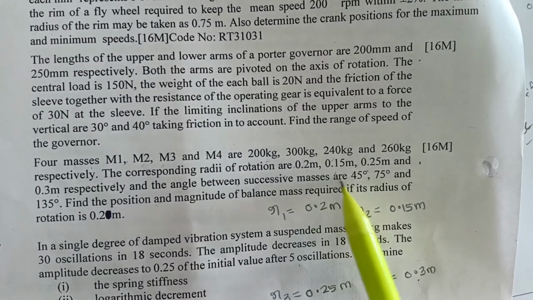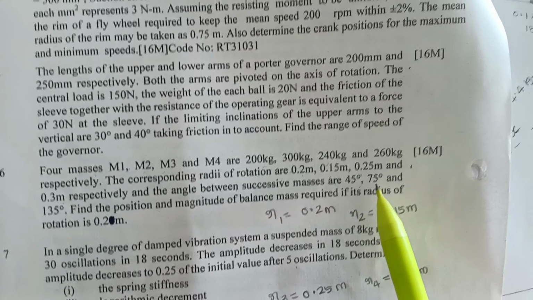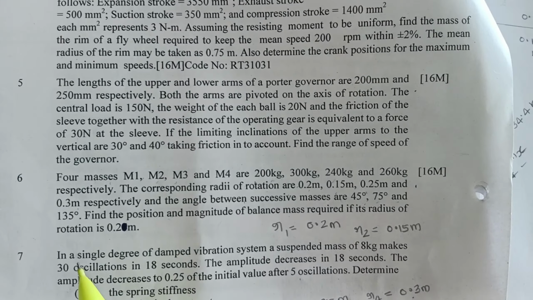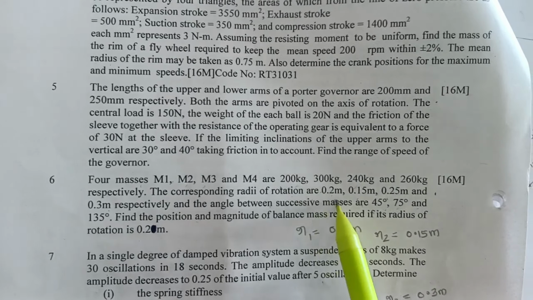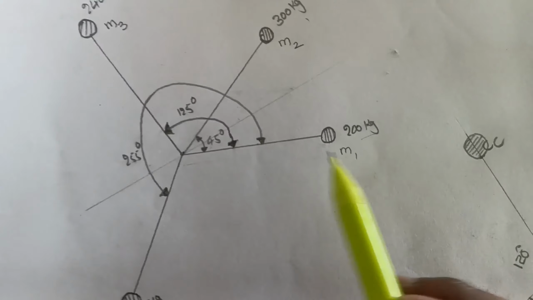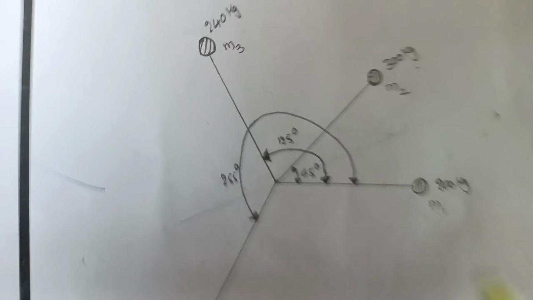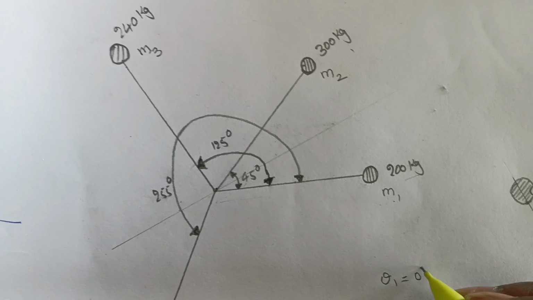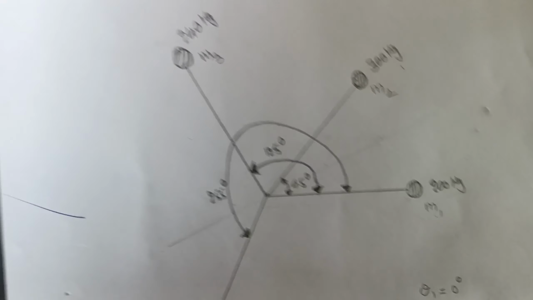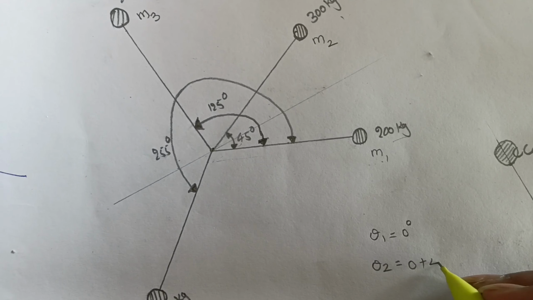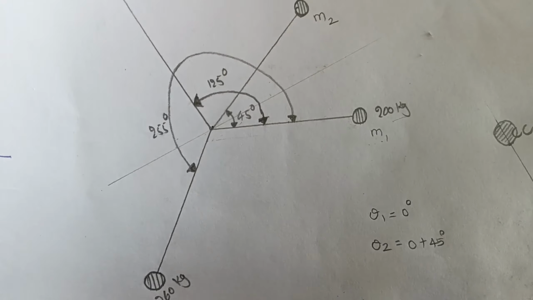And the angles between the successive masses are 45 degrees, 75 and 135 degrees. Successive means between two masses. Initially we have 0 degrees for M1, so theta 1 is 0 degrees, and theta 2 is 0 plus 45 degrees.